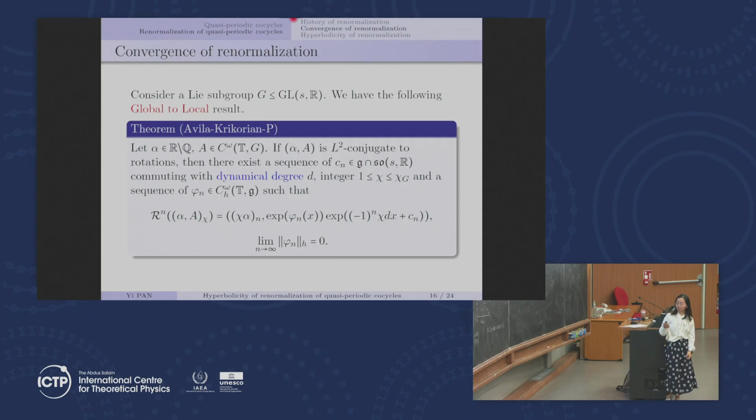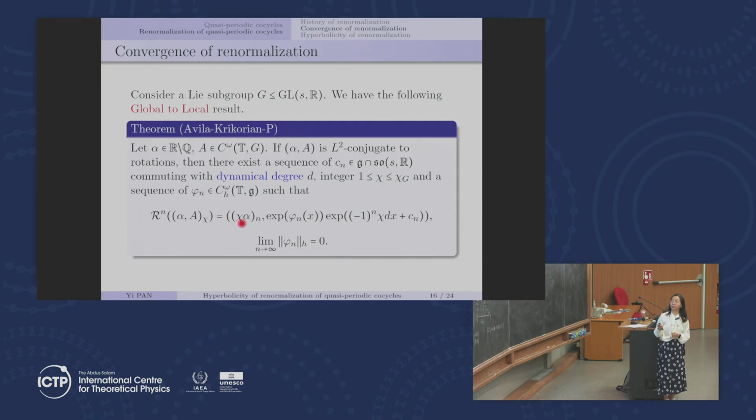So the theorem states that still we are in the analytic family, and for any irrational alpha, if we start with an L2 conjugate to rotation, then we can find a sequence of Cn, and we can find a dynamical degree D, which we'll define soon, and an integer chi, so that the renormalization of the iteration of alpha A goes in a very particular shape.